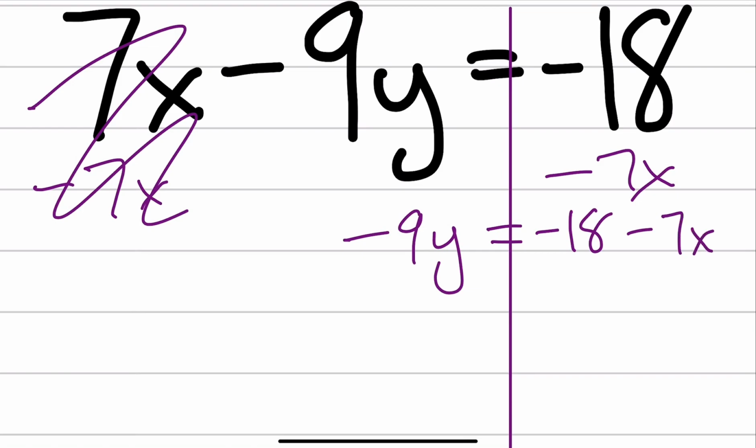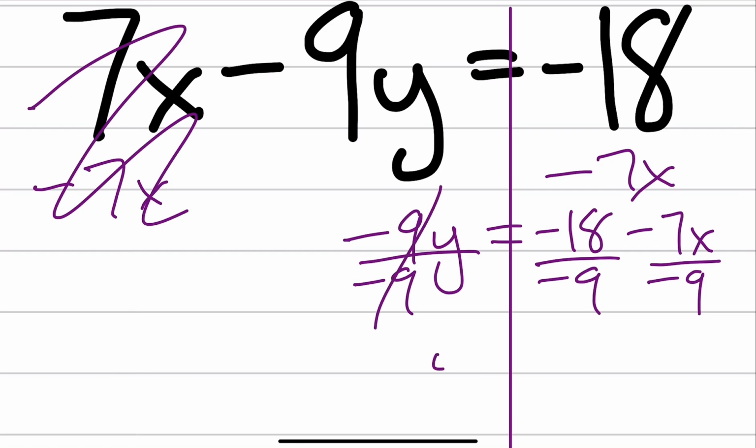Cool. All right, we need to get rid of that negative 9, so we're going to divide by it on each term. Okay, so this one's gone. So we'll have y equals negative 18 divided by negative 9. Okay, well, that's going to be a positive 2. And then we have a negative 7 divided by a negative 9. Well, I know it's going to be positive because that's 2 negatives.